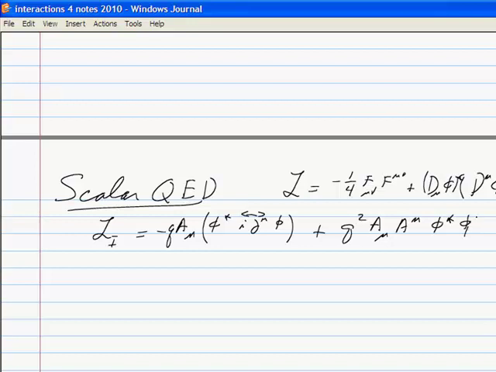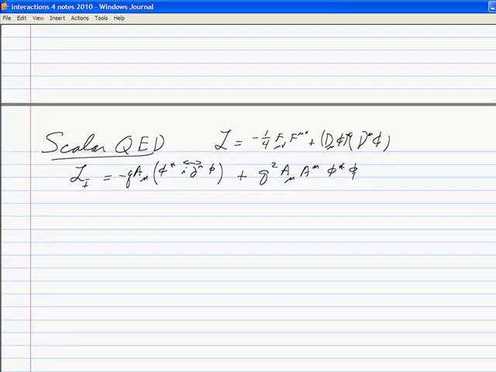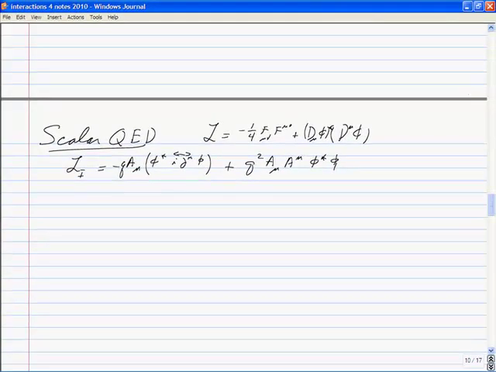Do I need to say any more than that about what these terms are? They're sitting here. Remember, d is the usual derivative with an i minus iQ A mu. And so the A piece is, linear A comes with one A and one derivative. Or there's two A's, an A from there and an A from there, which is just AA phi star phi.